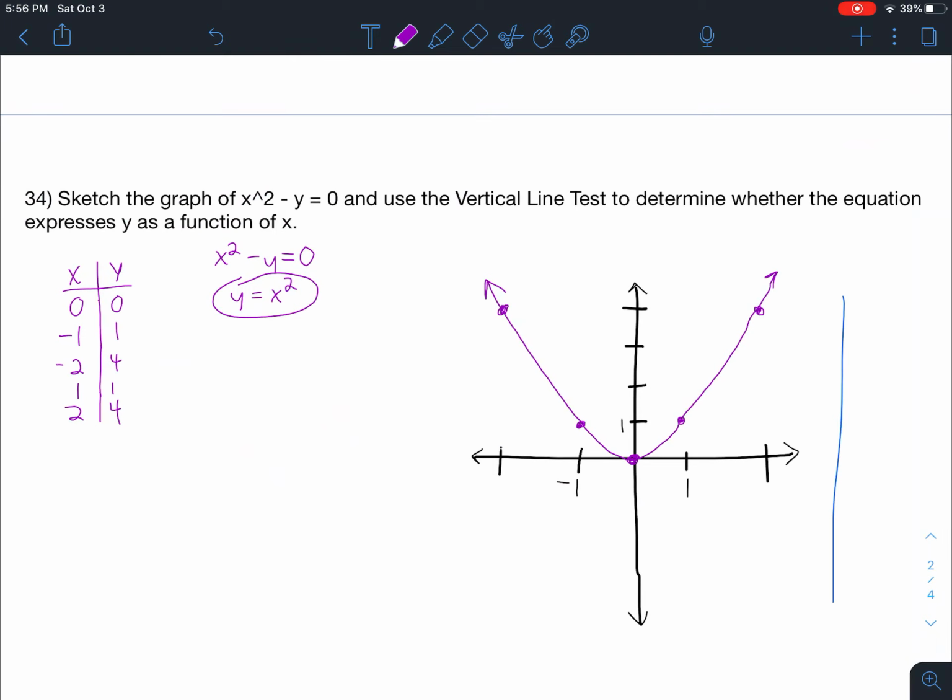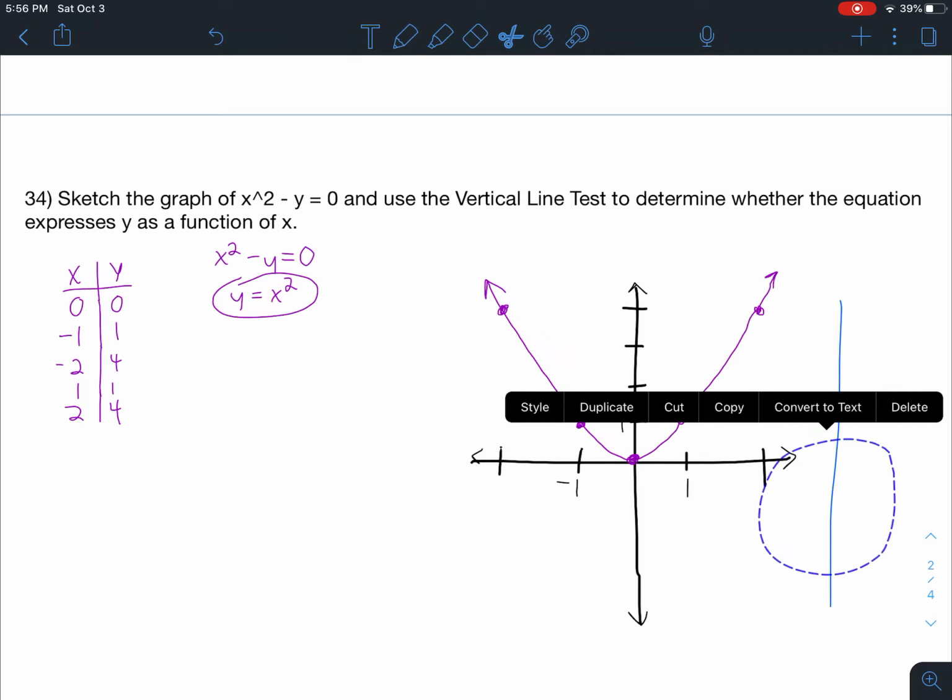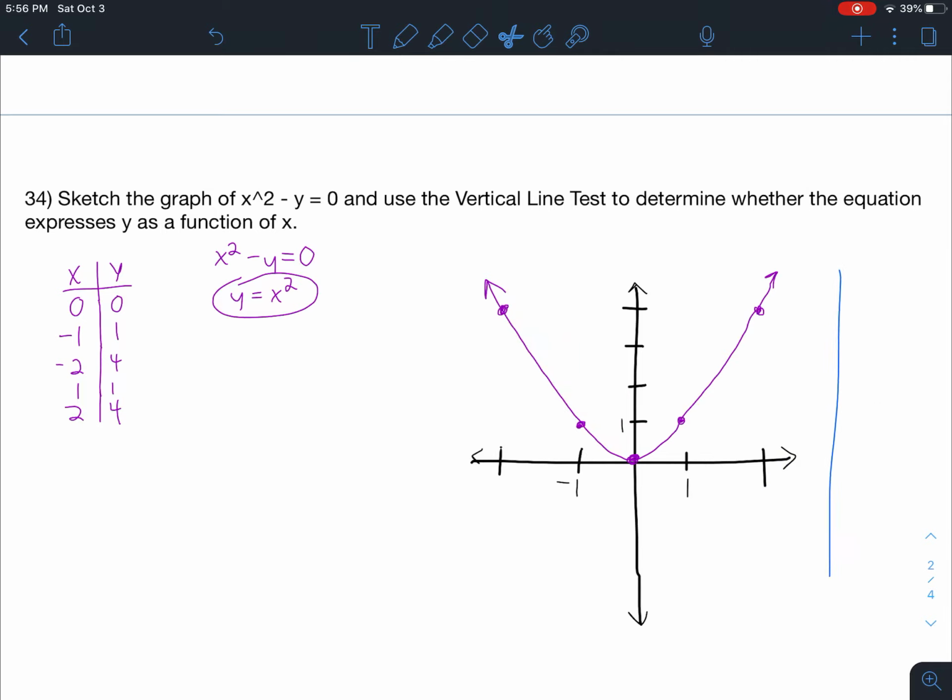Now the second part of the question says use the vertical line test to determine whether the equation expresses y as a function of x. That means if you pass a vertical line over the function, it will not intersect the curve at more than one point at a time. So I just have this blue line right here. This is my vertical line.